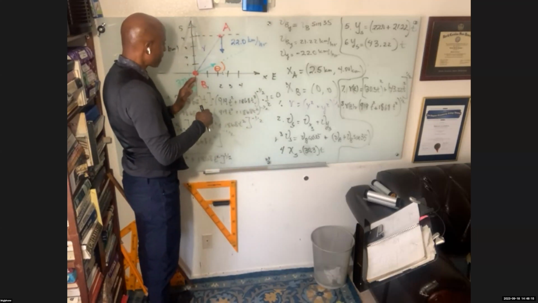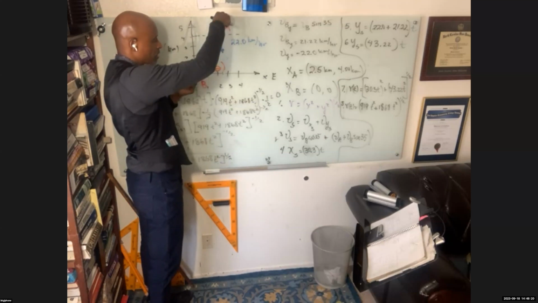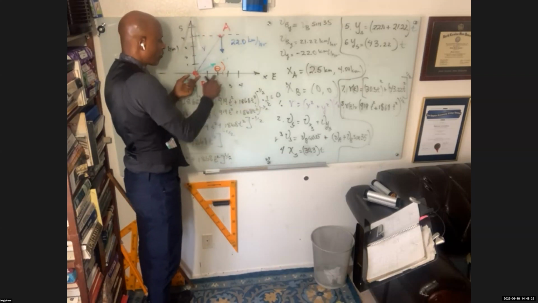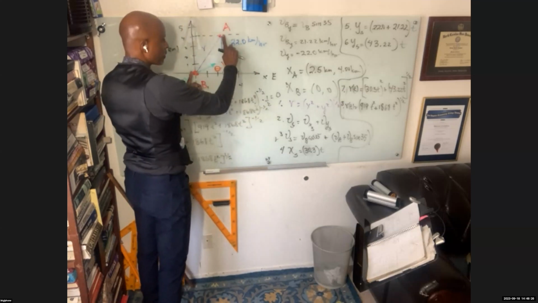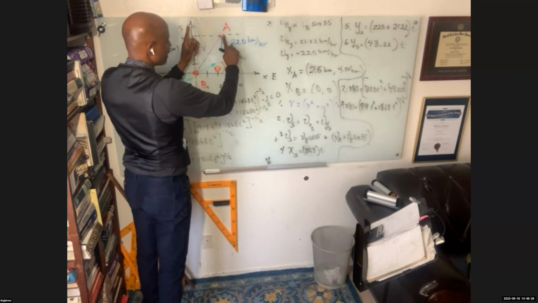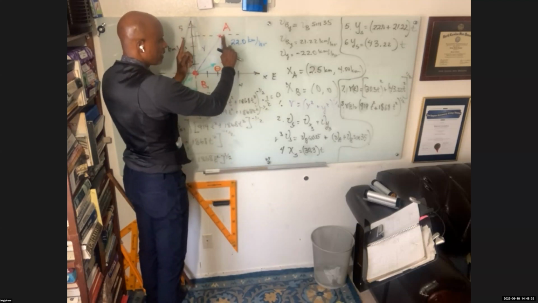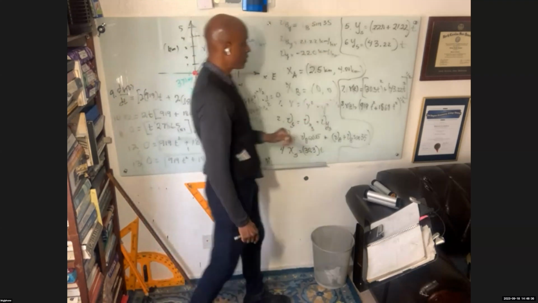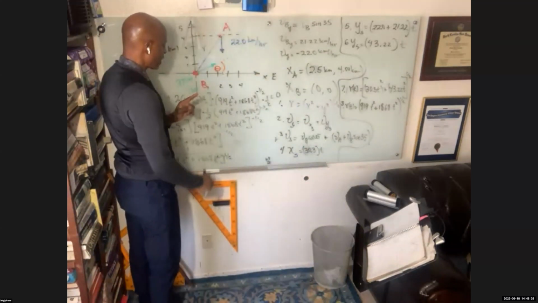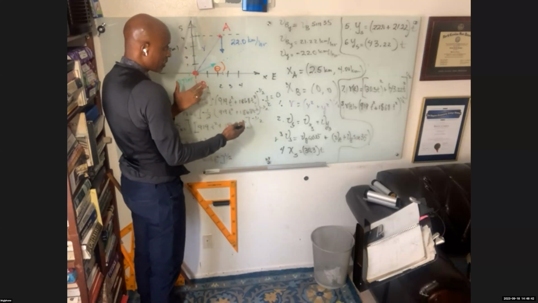Then this one looks like it's going 43.22 kilometers per hour south relative to this one. And this one looks like it's going 43.22 kilometers per hour north relative to this one. So the y component of the relative velocity would be 43.22. The x component of the relative velocity would be just the x component of this one because it's the only one that has an x component.